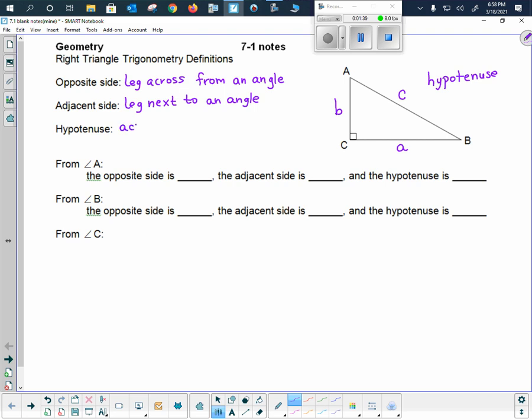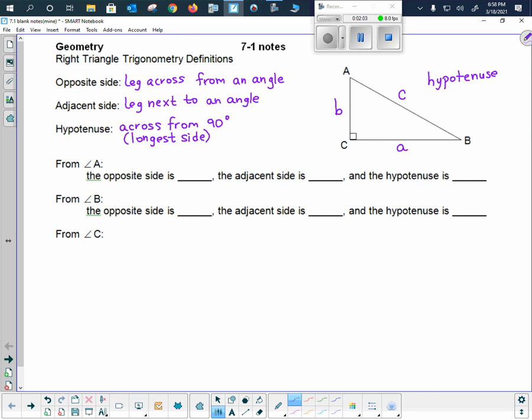Remember, the hypotenuse is across from the 90 degrees, and it is also the longest side.